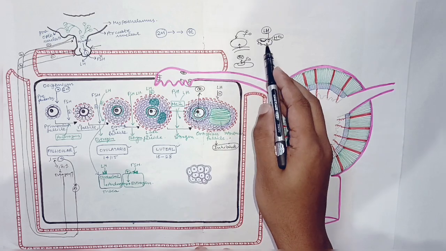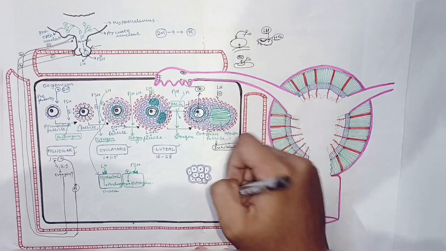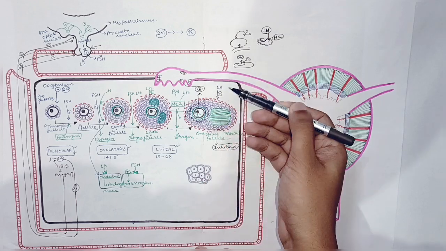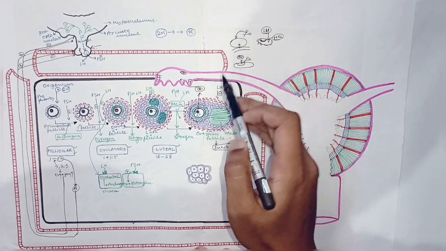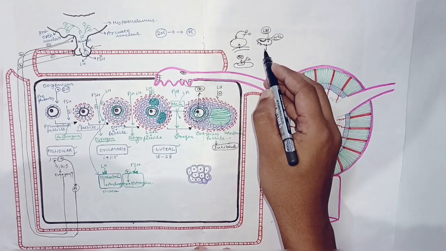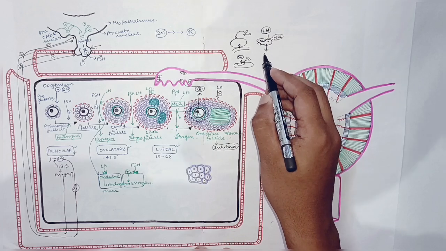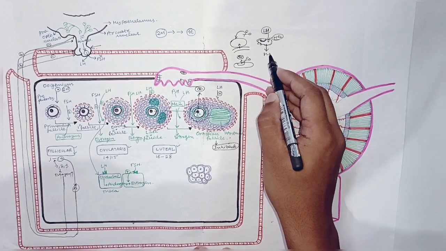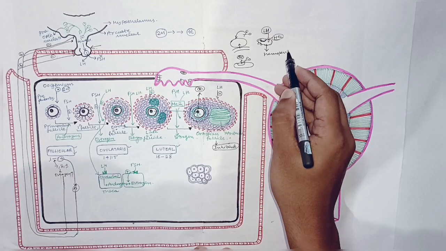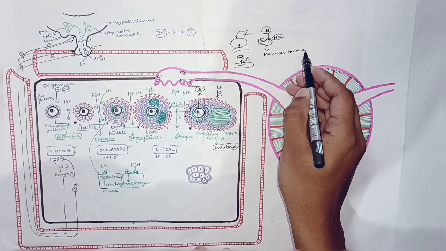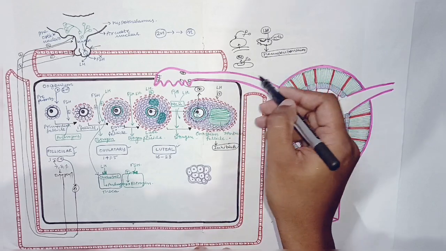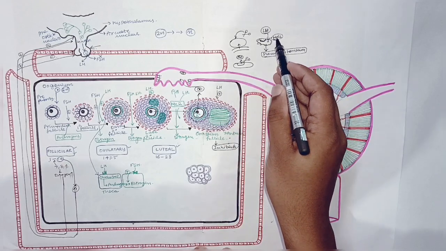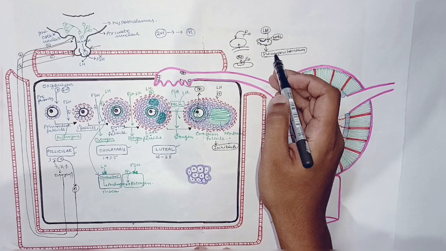This is the remnant portion of the Graafian follicle after ovulation. Now, this is going to burst out, and it creates the hemoperitoneum. So hemoperitoneum is a result of the bursting of the hemorrhagic corpus luteum.